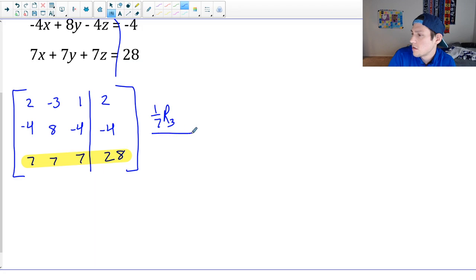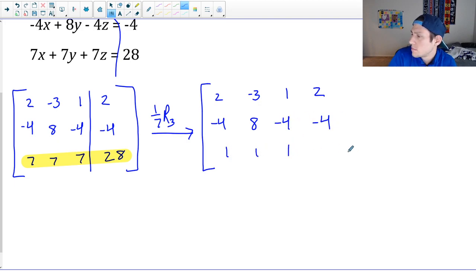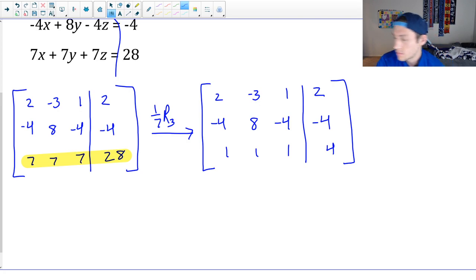So I'm going to start off by doing 1/7 times row 3. Okay, so that'll turn into 1, 1, 1, 4. First 2 rows stay the same.